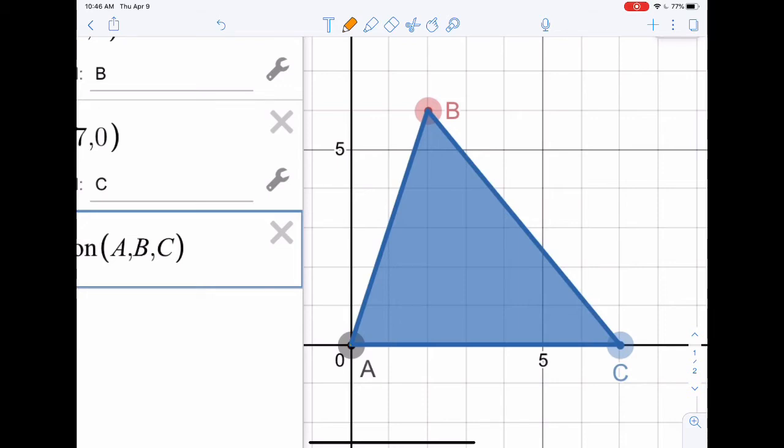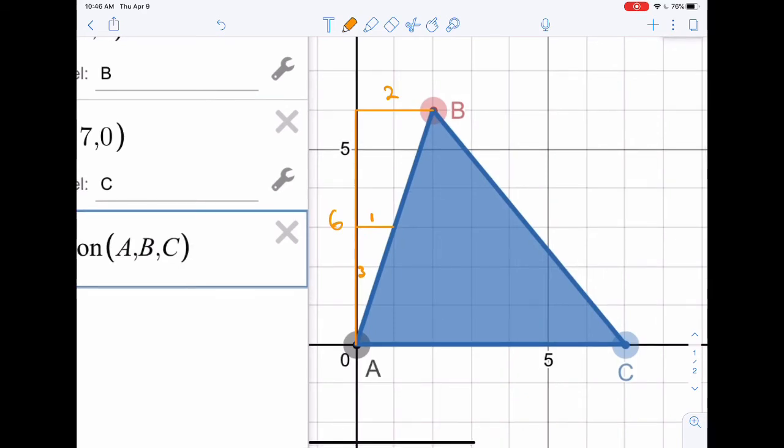You can see that the slope from A to B is 6 over 2. Well, if you cut that in half and you go up 3 and 1, that's exactly halfway.